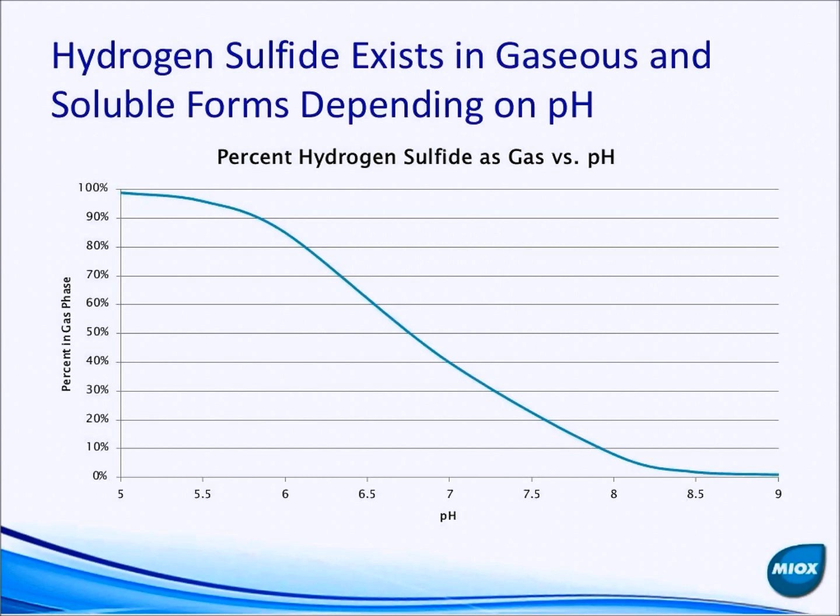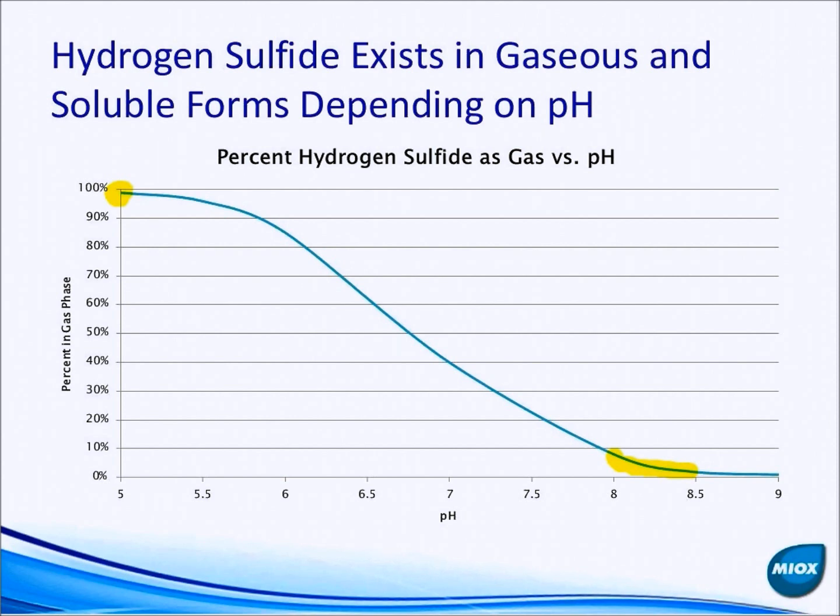If you take a look at this graph, with percent in the gaseous phase on the y-axis versus pH along the x-axis, you can see that at a neutral pH, only about 40% of that is in the gaseous phase. If you go down into the acidic condition, most of it ends up in the gaseous phase. And as you go higher, which is more common in groundwater sources, at 8.5 pH, you can see that the vast majority of it is in the soluble phase, not in the gaseous phase.